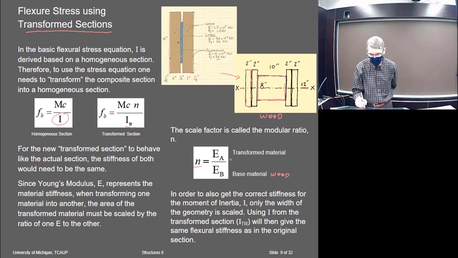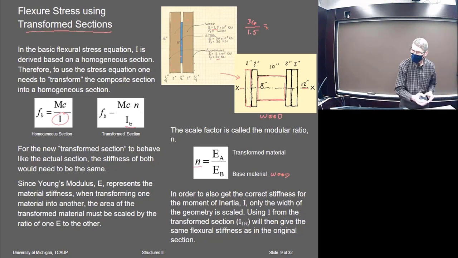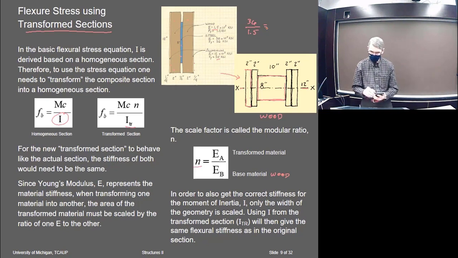And so in this case, what did I have? The base, my wood was 1.5 times 10 to the third. And if I look at the steel here, it was 36. So my modular, oops, I had a calculator here someplace. See if we can do this right. 36 divided by 1.5 equals 24.